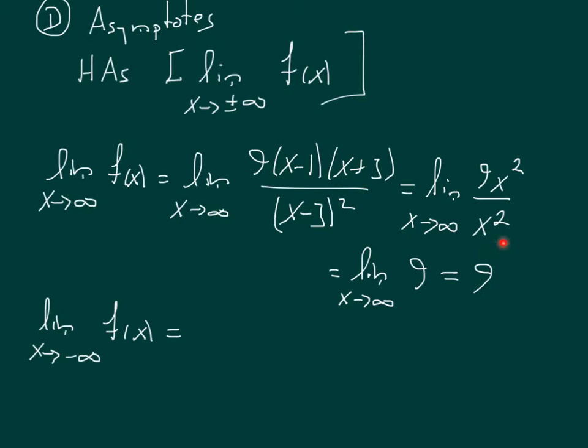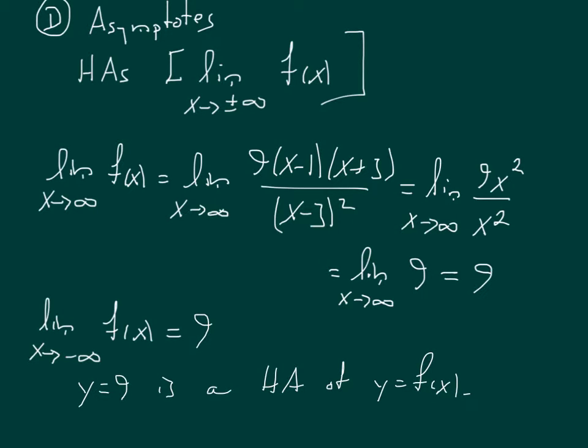Dropping lower powers, we'd have this, and canceling, we'd have this, and the limit as x tends to minus infinity of 9 is again 9, so this one's going to be 9 as well. All right, so what can we say? We can say that the line y equal to 9 is a horizontal asymptote of y equals f of x.